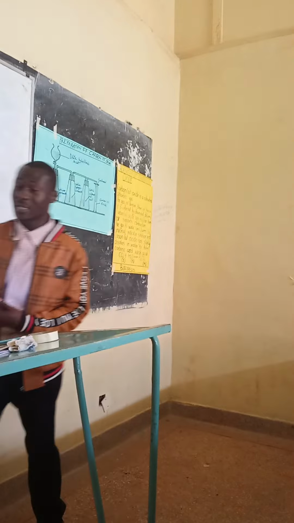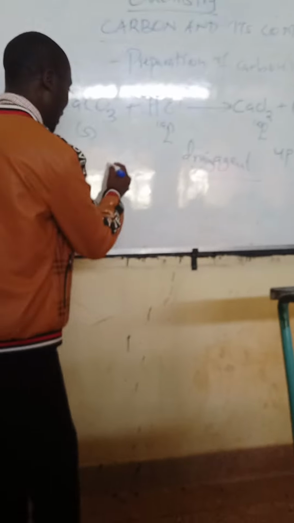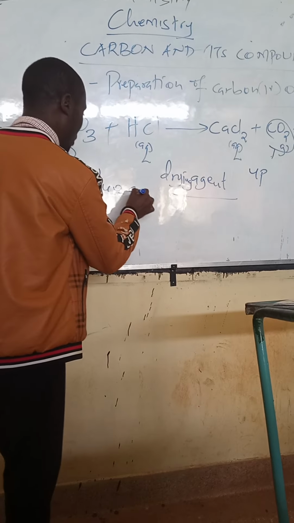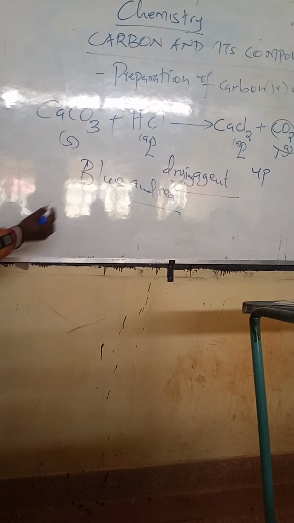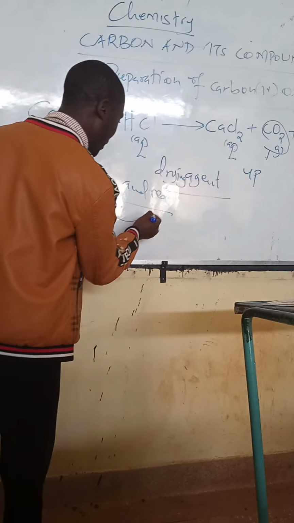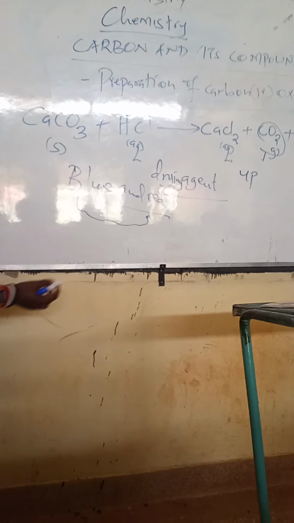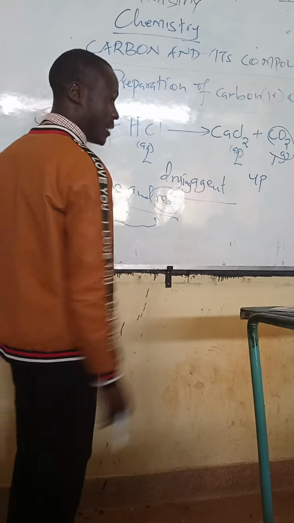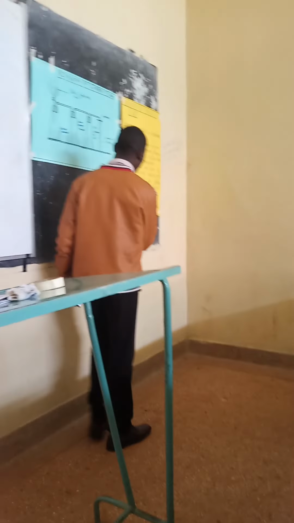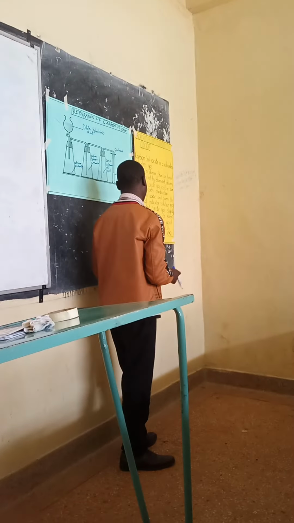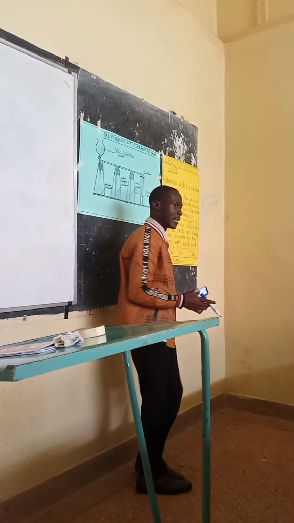Because when we test using two indicators, a blue and a red litmus paper, it turns the blue litmus paper red, and the red litmus paper remains red. It clearly suggests that the gas formed is acidic in nature.